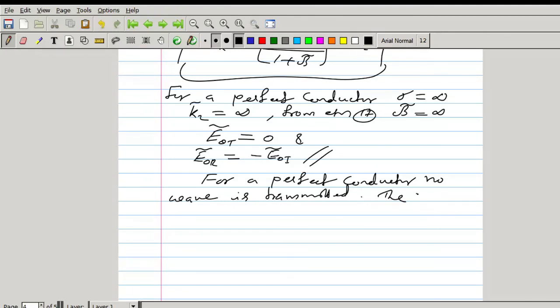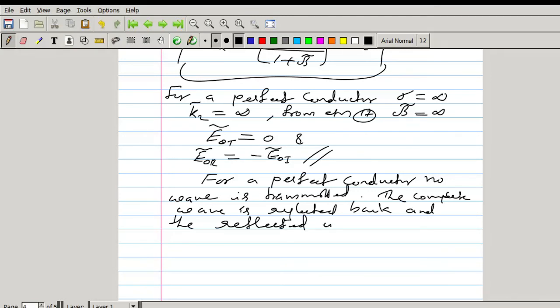The complete wave is reflected back, and the reflected wave will be 180 degrees out of phase with the incident wave.